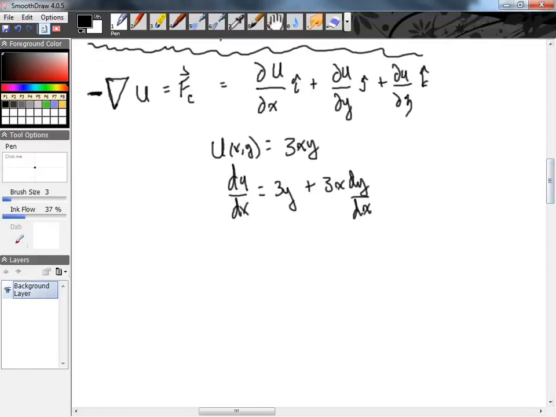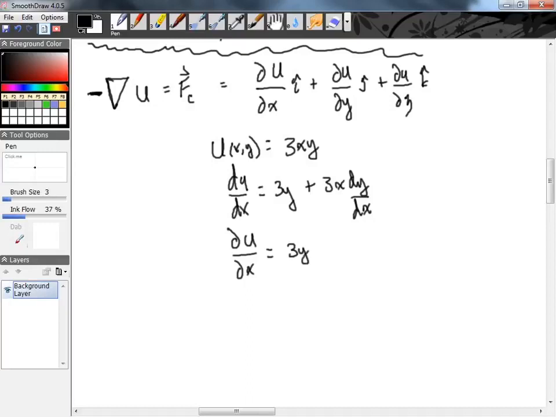What you are allowed to do, and this is the beauty of this, if you take a partial differentiation, everything else aside from what you're differentiating stays constant. So the partial derivative of u, du dx, equals, well, if x isn't constant but everything else is, this just becomes 3y.